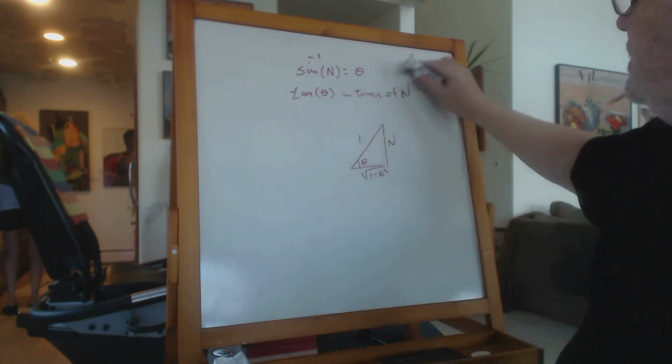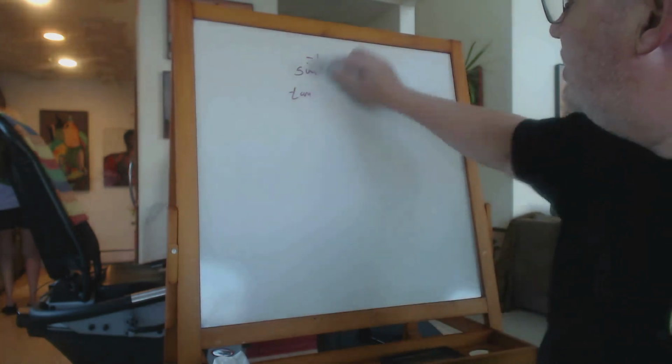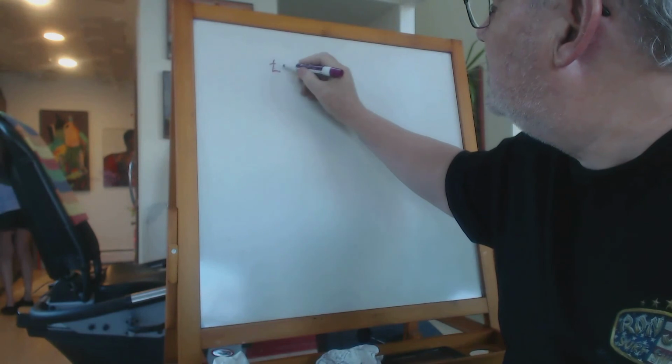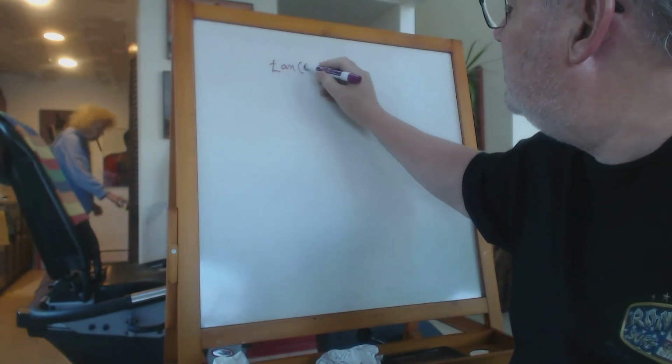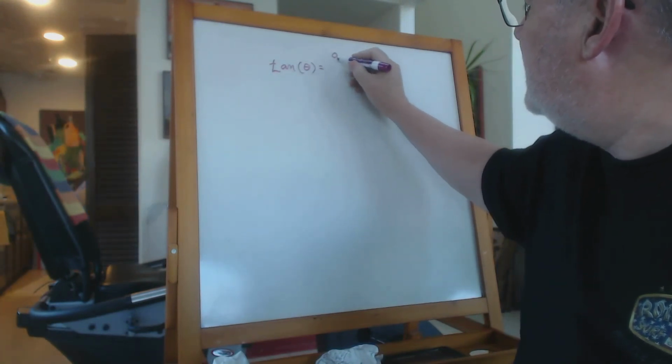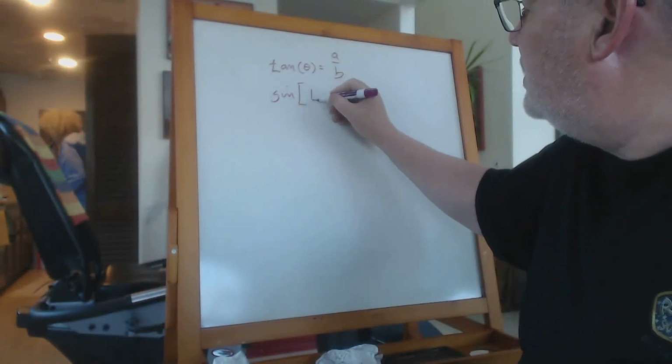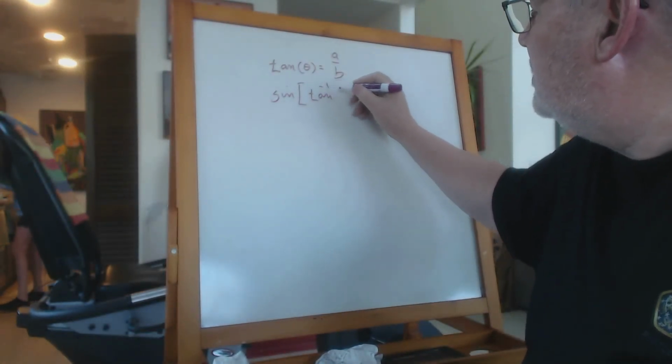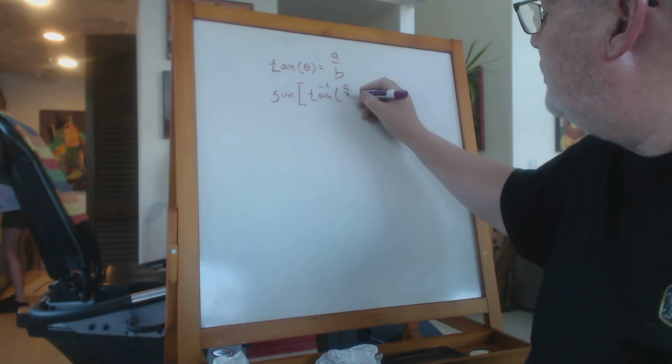Now, here we're given a problem. If tangent theta is equal to a over b, what is the sine of the arctan of a over b?